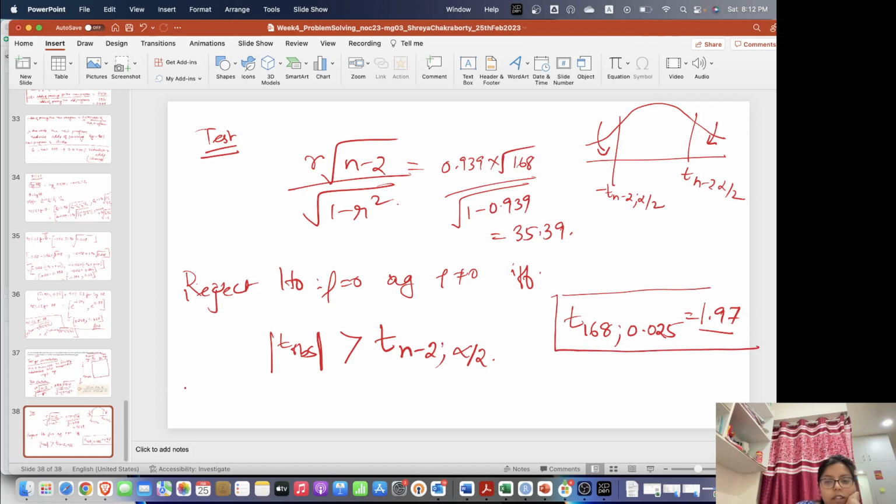So as per the rule, this is way more than the critical point.